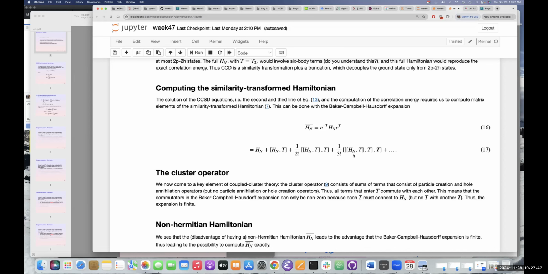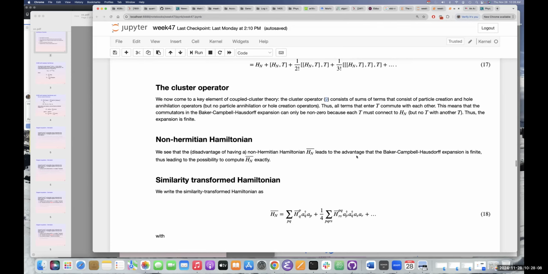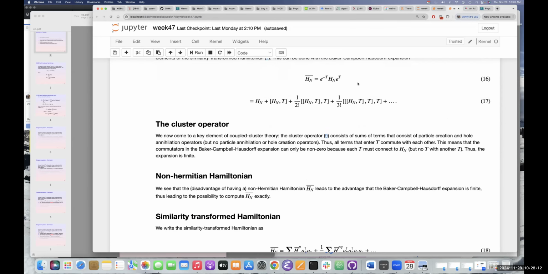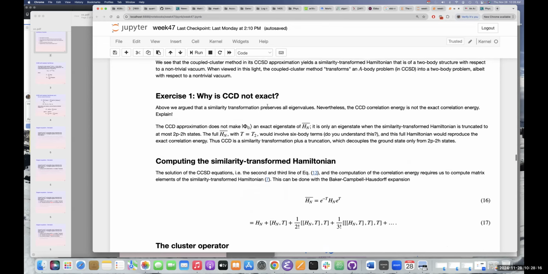And that means that this expansion terminates at a given order of nested commutators. If the Hamiltonian contains up to a two-body interaction, which means that we have two creation and two annihilation operators, then this series terminates at the level of four nested commutators. So this is a very beneficial property because we can then use this similarity transformation and set up equations for finding the coefficients.